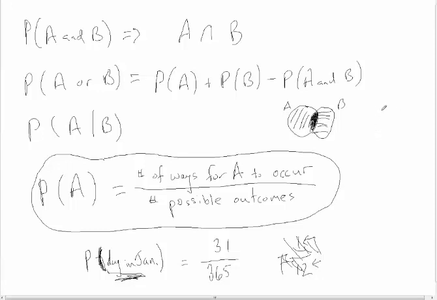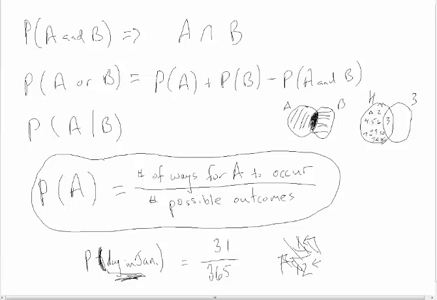So if I said, what's the probability of drawing a card out of a deck and getting the 3 of hearts? So here's the hearts, and here's the 3s. So we've got ace, 2, 3, 4, 5, 6, 7, 8, 9, 10, jack, queen, king.